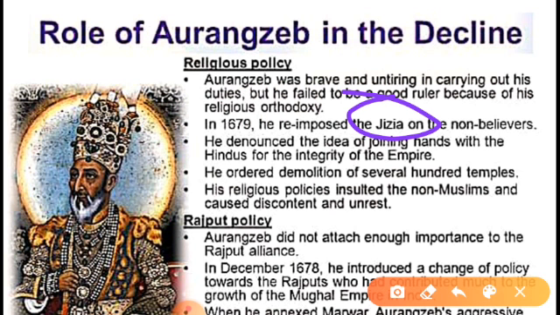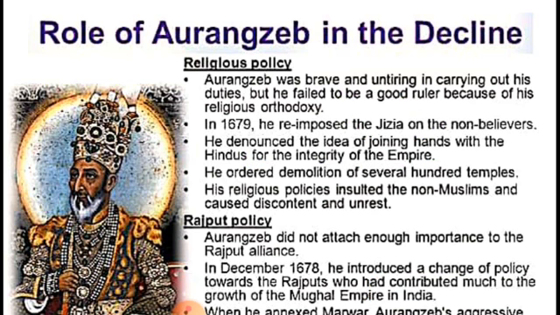He denounced the idea of joining hands with the Hindus for the integrity of the empire. So he didn't show any respect to the Hindus to rule over their own country. He ordered the demolition of several hundred temples.